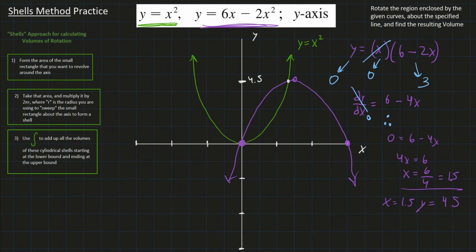I'm definitely going to want to find this intersection point. So let's ask the question, what x's will cause both of these y's to equal each other? So let's set the green y equal to the purple y. And let's see what the math tells us. Let's follow the algebra. If I move that negative 2x squared from the right to the left by adding 2x squared to both sides, I'll get 3x squared.